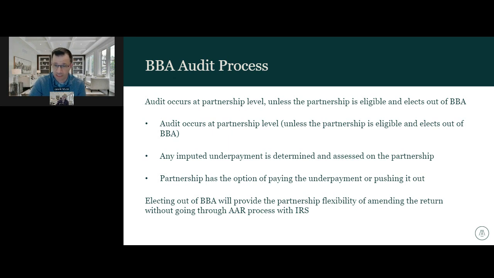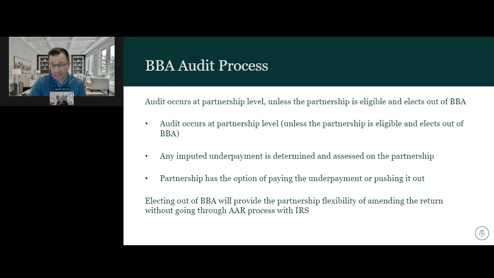There may be reasons to elect in, just something to discuss with your tax preparer. But a lot of times funds, simply because there are LLCs invested or more than 100 K-1s, simply cannot elect out. And so you're automatically in the program. And so if there's an audit, then you have to partake in that process. And again, it can be arduous and more difficult than audits of partnerships were historically.